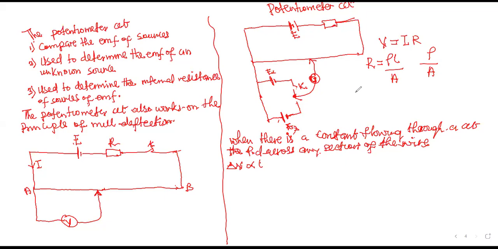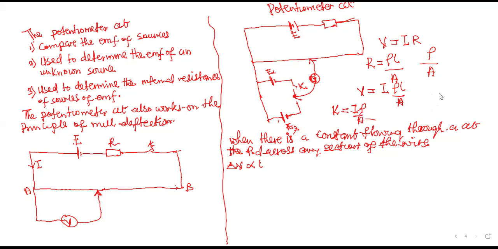So if you put V is equal to I times R, R is rho L over A. If you are able to maintain constant current flow through the wire, and the resistivity for the same wire will not change, and for the same wire its cross-sectional area will not change, then K is equal to I rho over A.